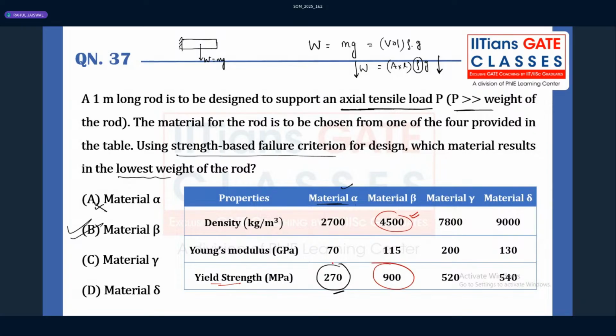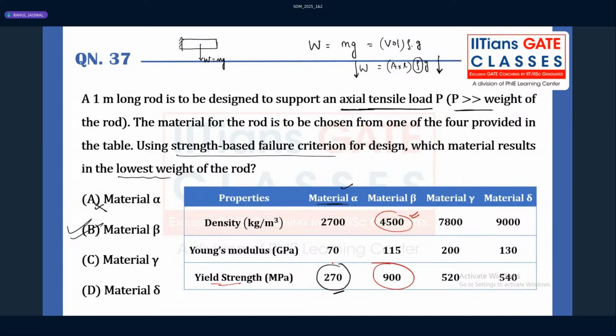For which purpose are we designing the rod? It should support the maximum tensile load and it should have the lowest weight. So beta is the material which will give satisfactory results for the application where we need to use this rod, right? So B will be the correct answer for this question.